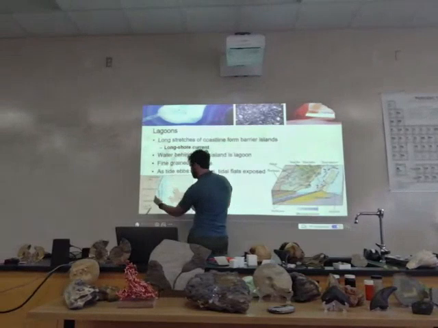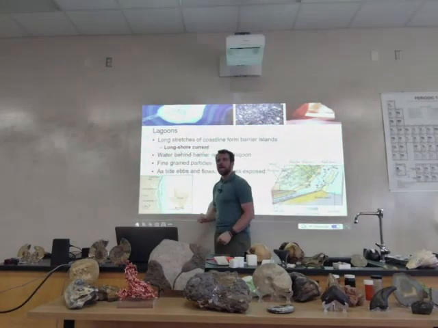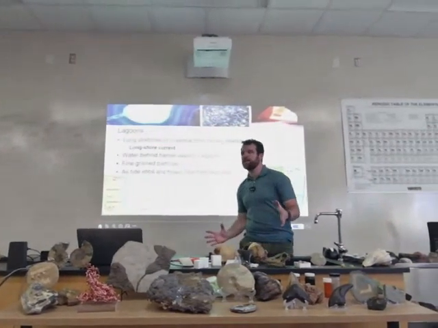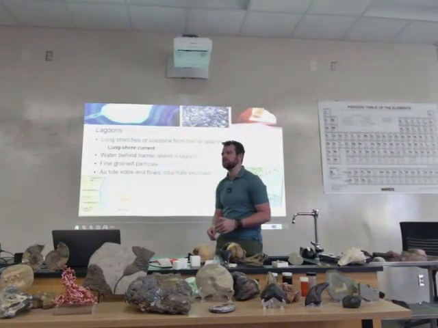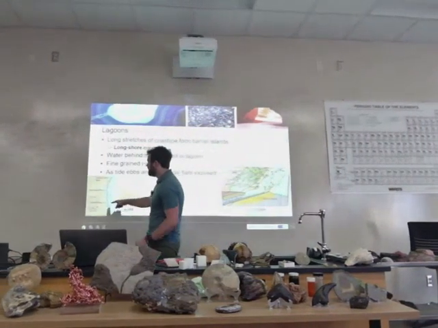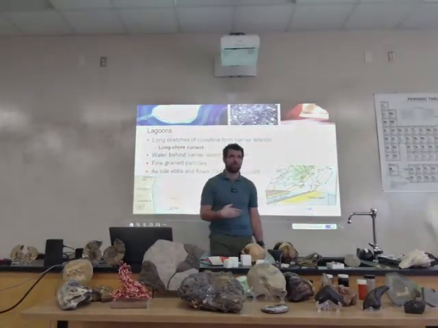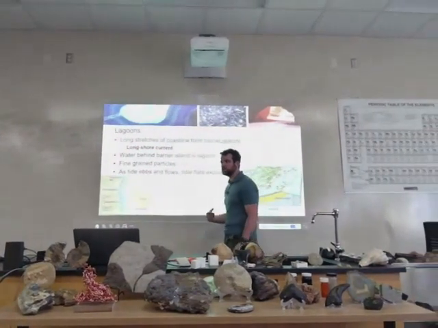These islands out here are all barrier islands built up as storms roll in and push sand up and pile it high, but it never quite makes it to the shore. And so you get these big, long piles of sand in front of the shoreline, and they actually end up protecting it from a lot of the storm activity, which is great and makes for a fantastic vacation getaway.